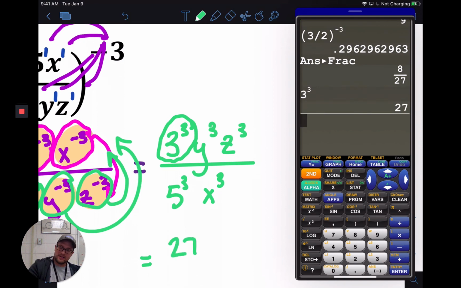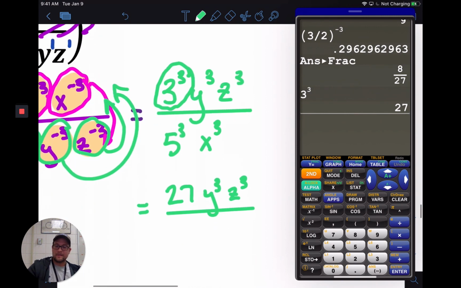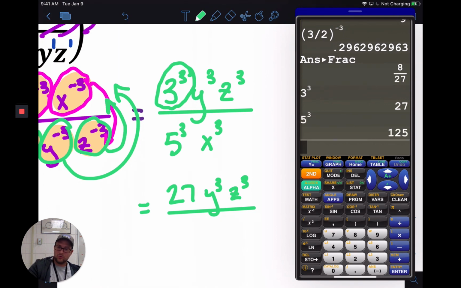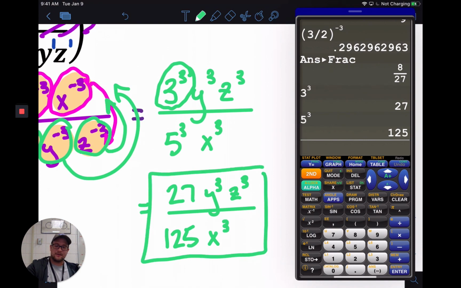So I'm going to have 27, y to the third, z to the third. And then on the bottom, I'm going to get 5 to the third, which is 125, and I'm going to have x to the third power. And that's it. That's as good as we can make that thing look.